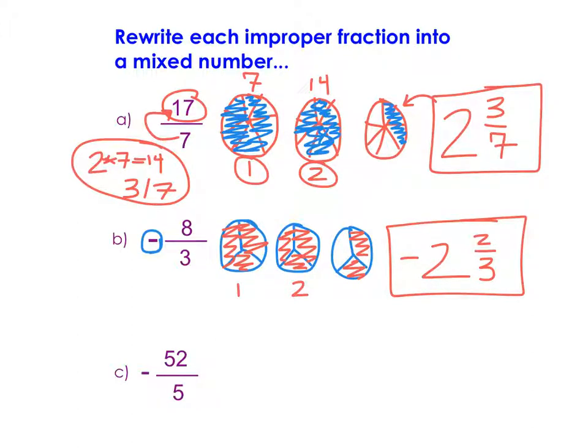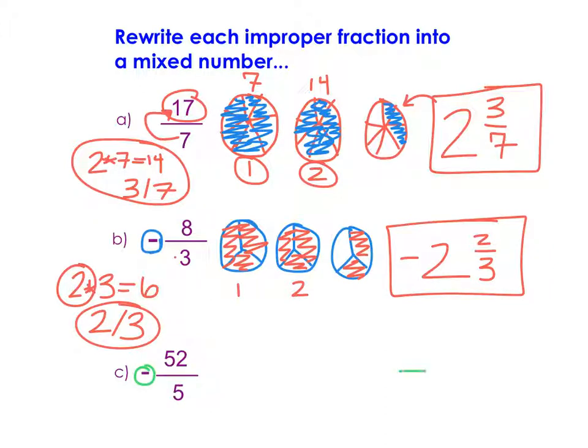Now the trick to doing this, just like I did up above in that last problem, is 3 goes into 8 2 times. So 2 times 3 is 6. And then I would need 2/3 more to get me to 8. So we can see where the 2 comes from, and then that 2/3. Now this last one I'm just going to use the little math trick for. Because of this negative, I know my final answer is going to be negative.